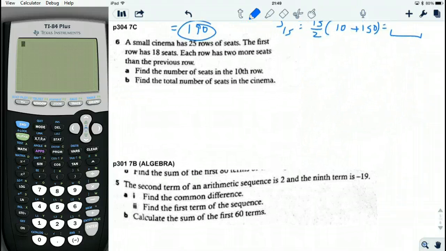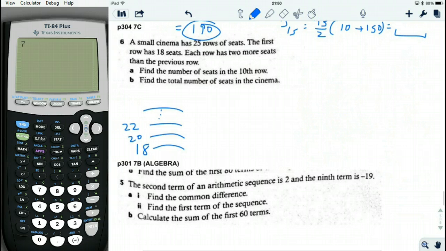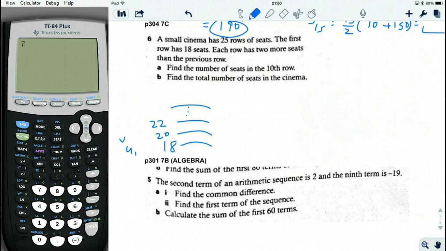A small cinema has 25 rows of seats. The first row has 18 seats. Second row has 2 more seats than the previous one, 22. Okay, what about the 10th row? Okay, so this is the first row, this is the second row, this is the third row. 10th row, how many?